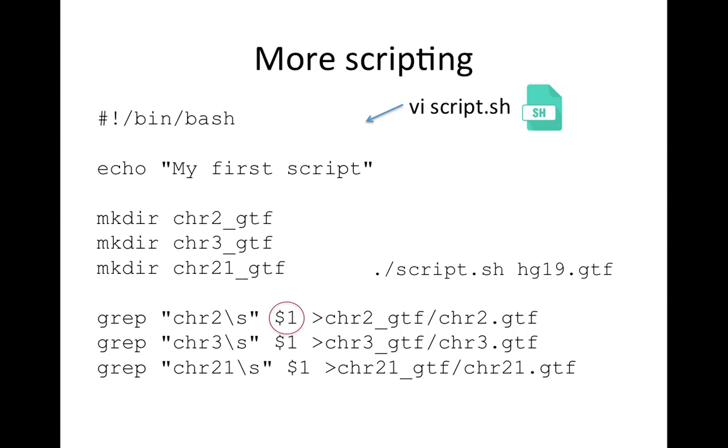Of course you can ask why don't you put the file name exactly here? All you need to do is just put hd19.gtf and that will work. The problem is then the script becomes usable only for that particular file. You get a new file, you need to go inside the script and change the name. I don't like it, and I think nobody will like it, because every time you get new data, you need to change the script.